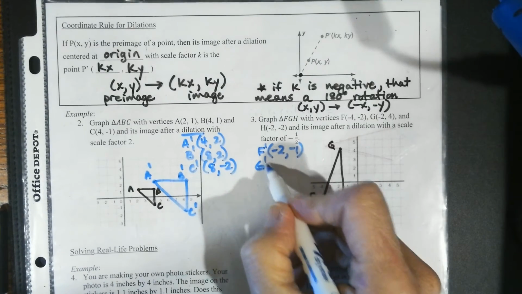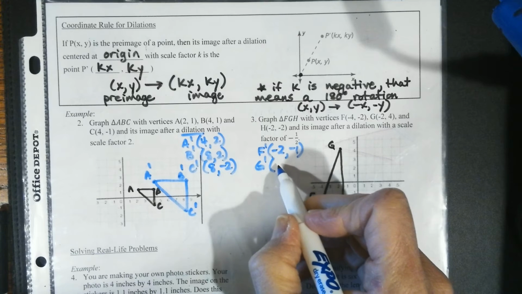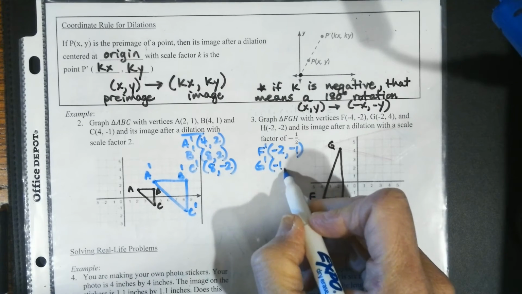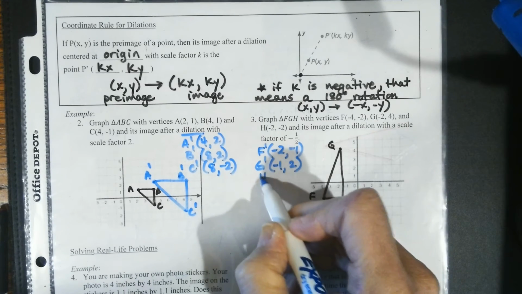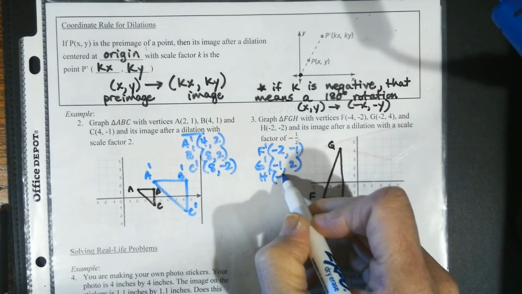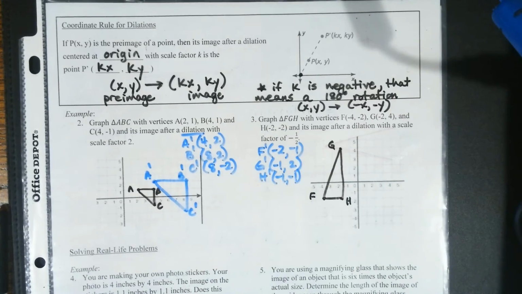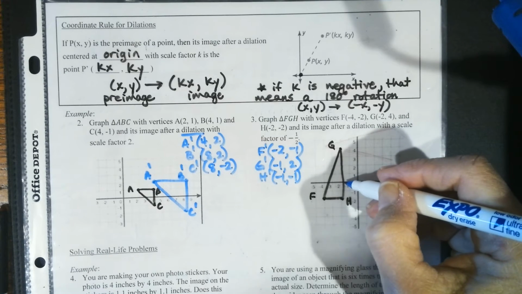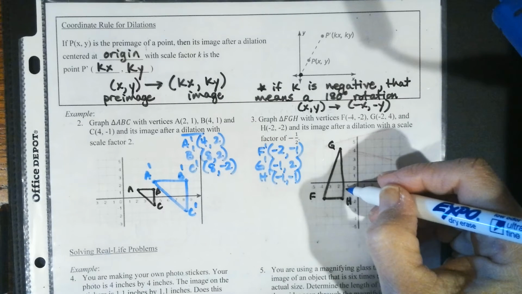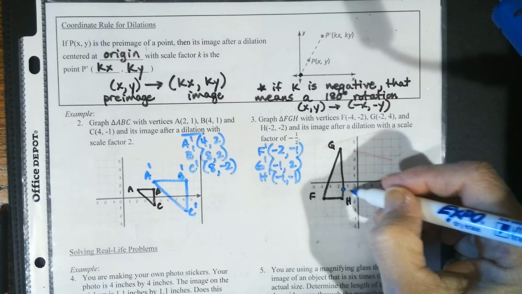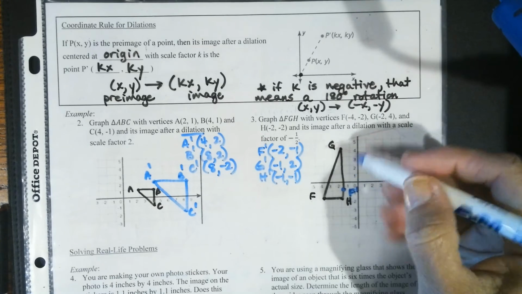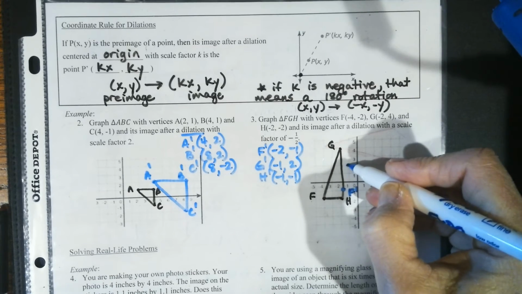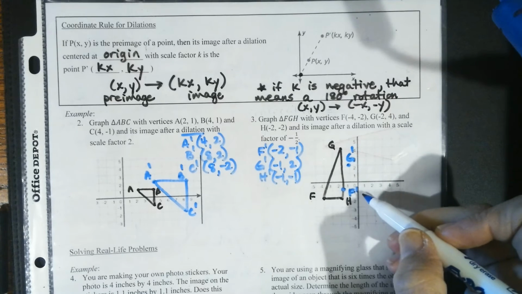And then G prime is going to be negative 1, 2. And H prime is going to be negative 1, negative 1. Remember, because we're doing a dilation of a half. So F is negative 2, negative 1. That'll be F prime. G is negative 1, 2. Sorry, G prime.